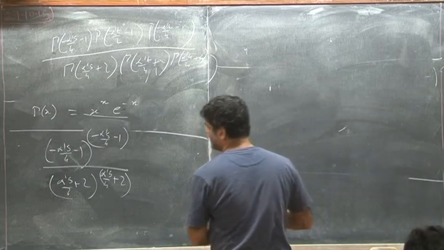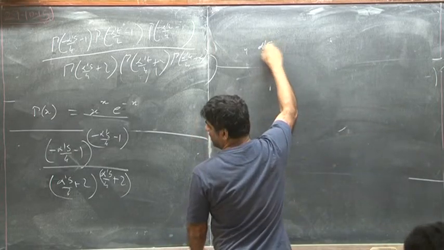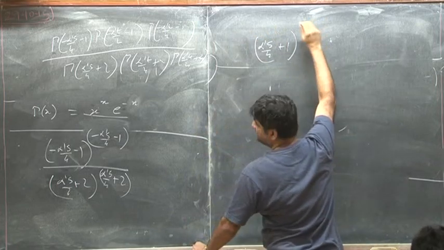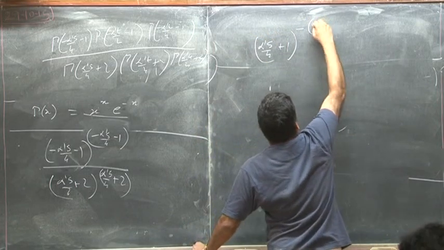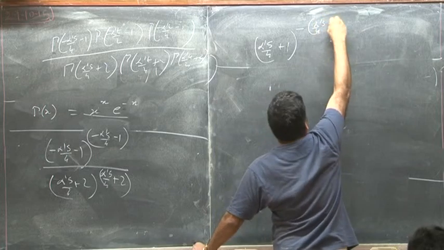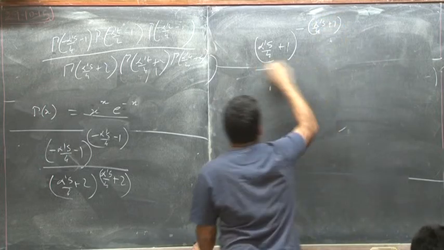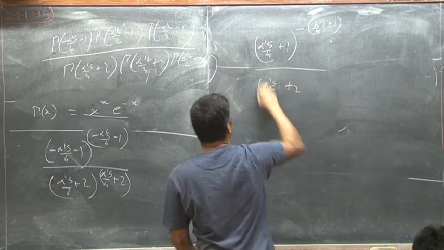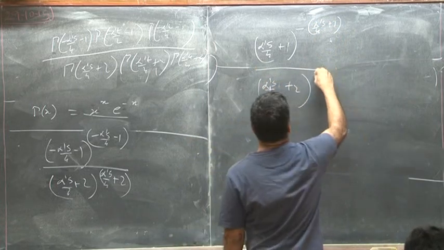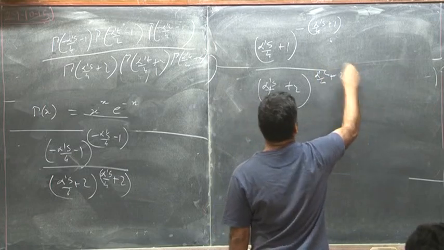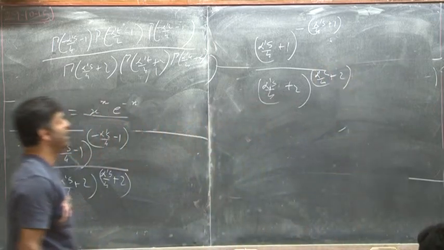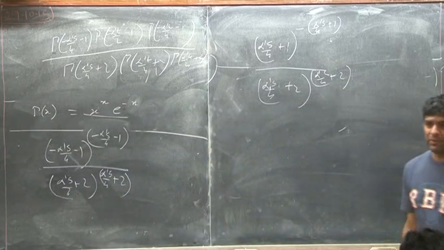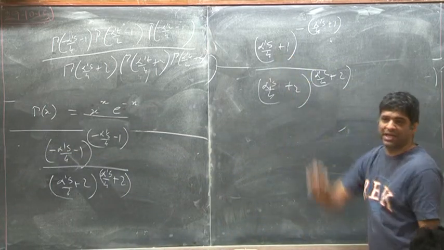So as far as modulus is concerned, this is alpha prime s by 4 plus 1 to the power of some large power minus alpha prime s by 4 plus 1, and then alpha prime s by 4 plus 2 to the power alpha prime s by 4 plus 2.